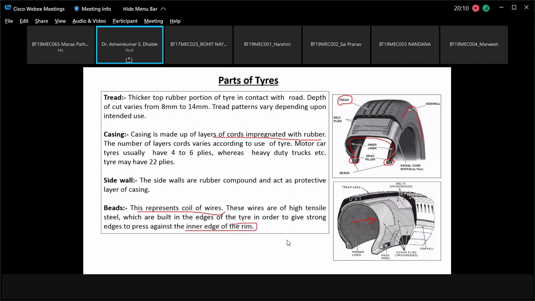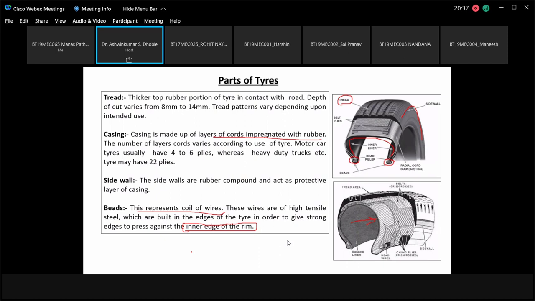So whenever you go to change the tire or to have the puncture repaired, then for a two-wheeler, you might have seen that the person repairing the puncture will put a spanner or screwdriver type of thing in and then remove the tire.